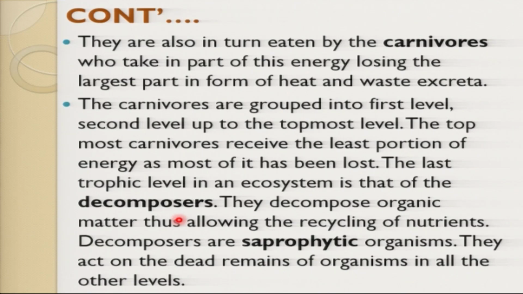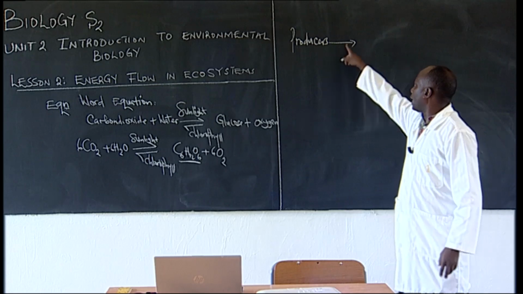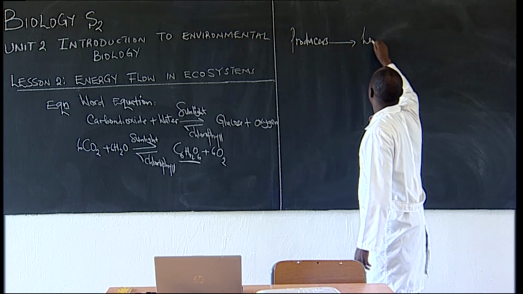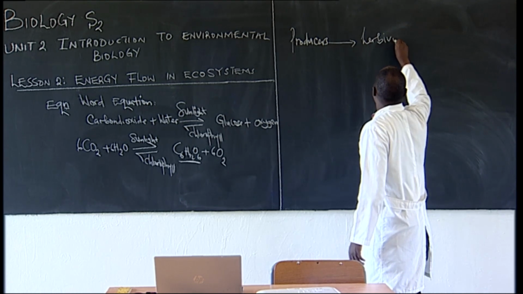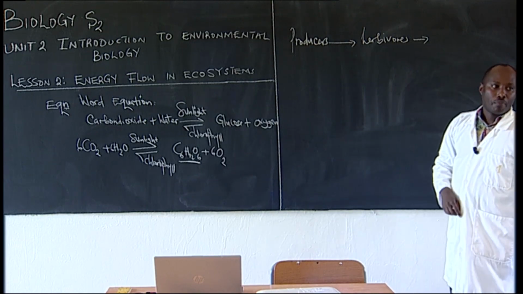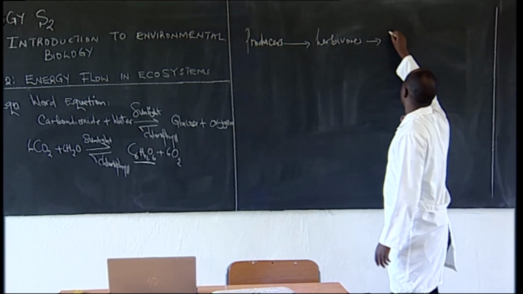Let me try to make a simple understanding of it. We have producers. Producers are eaten by, because in biology the arrow means eaten by, herbivores. The herbivores are going to be eaten by the carnivores. The carnivores are going to be eaten by what?